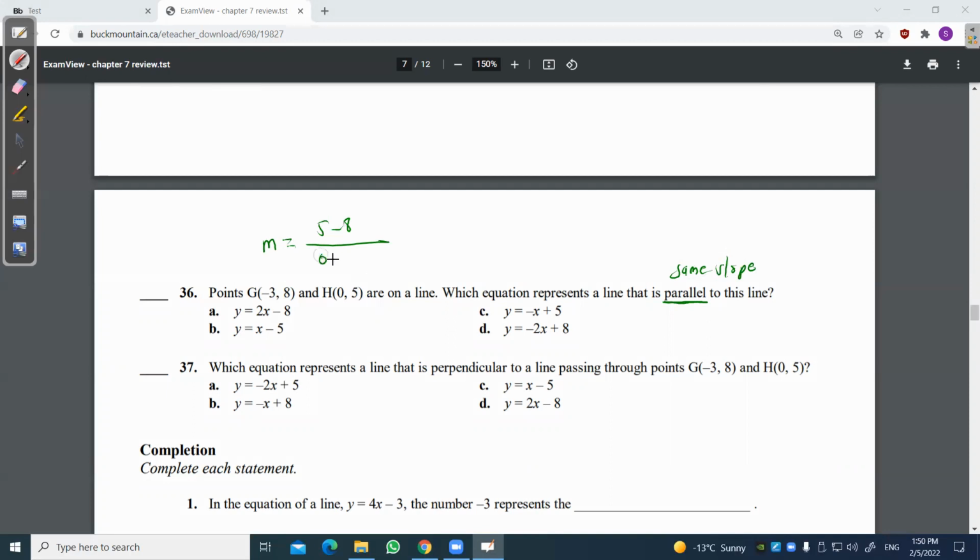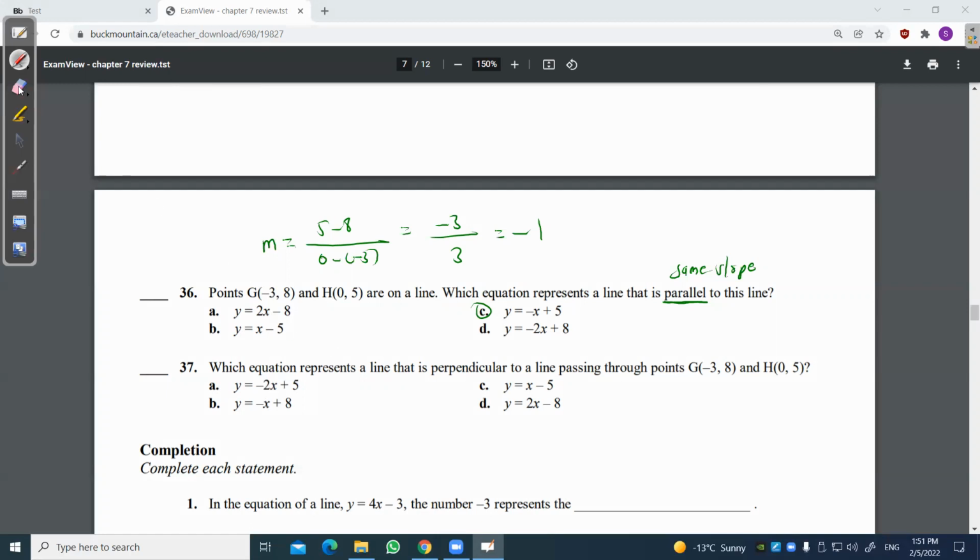On the bottom, we do 0 minus -3. So we get -3 over 3. The slope is -1. Which one of these equations has a slope of -1? Parallel means same slope. Is it C? Yeah, it is C, and you're done. Find the slope and see which one has the same slope.